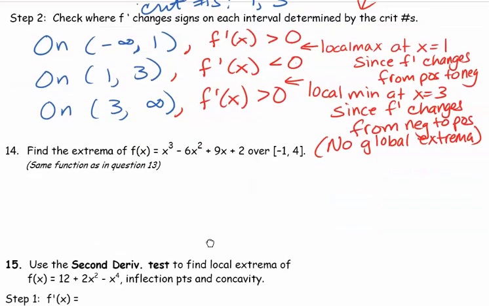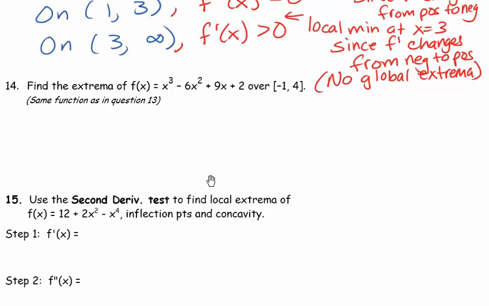All right, question 14. Now we have a closed interval. So we think of the closed interval test. The closed interval test tells us that the global extrema can happen only at critical numbers or at closed endpoints. Well, this is the same function as up above here. So let me just rewrite our first derivative in factored form.